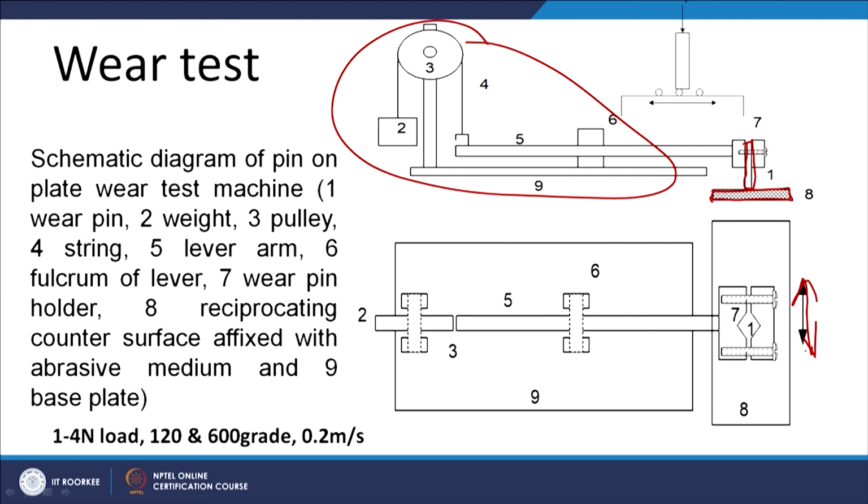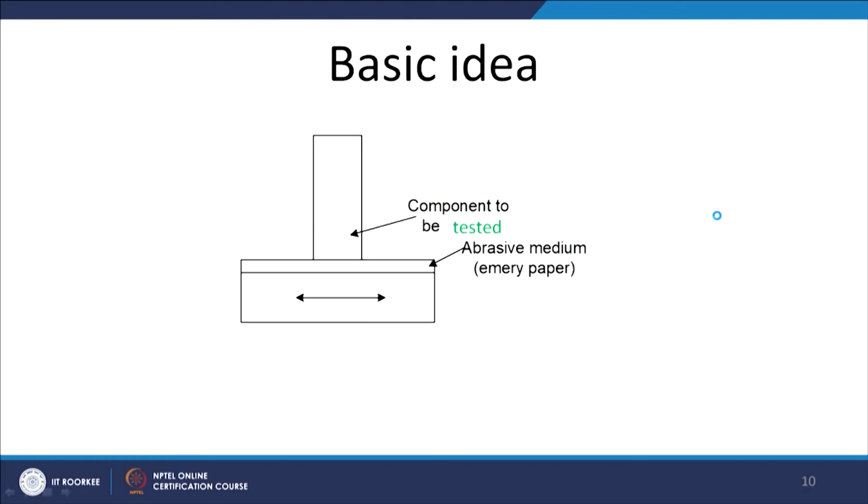For reciprocating adhesive wear, under the reciprocating conditions, this will be the metallic surface, and otherwise this metallic plate will be covered with the abrasive medium, so that the modified surfaces or the wear pin sample will be rubbing against the abrasive medium. This is the simple concept of the reciprocating configuration of the wear test.